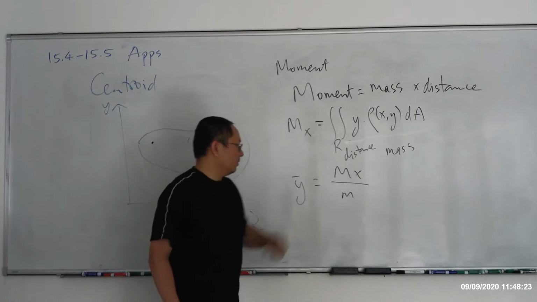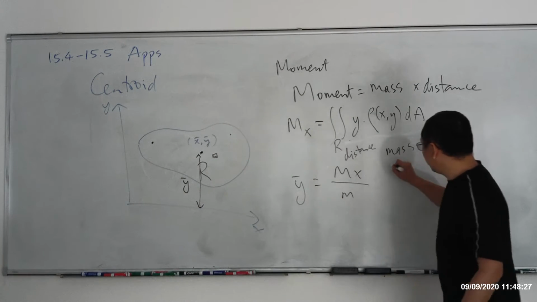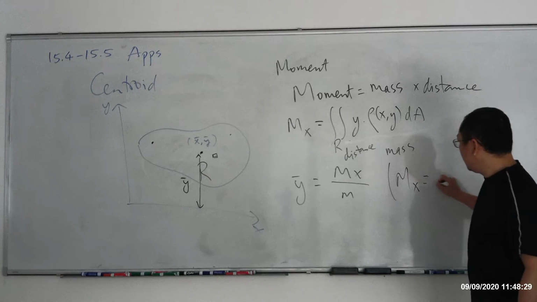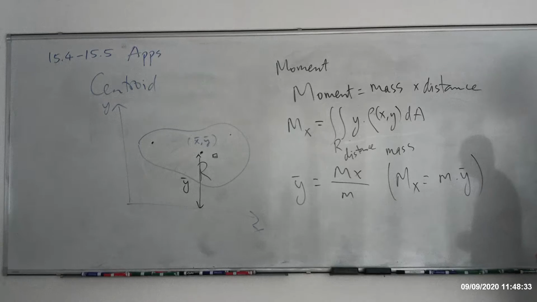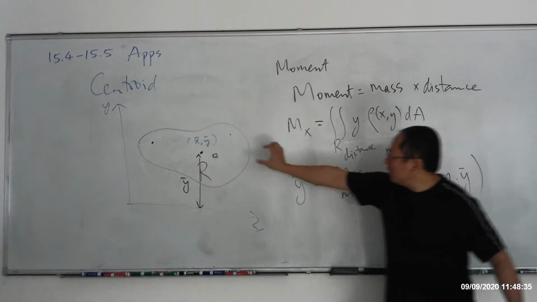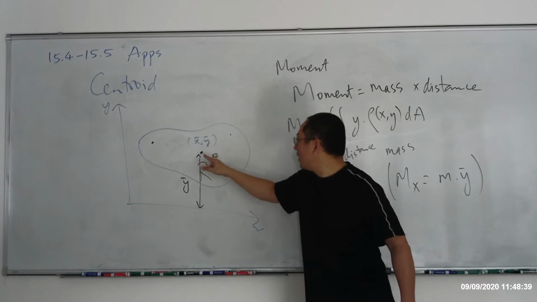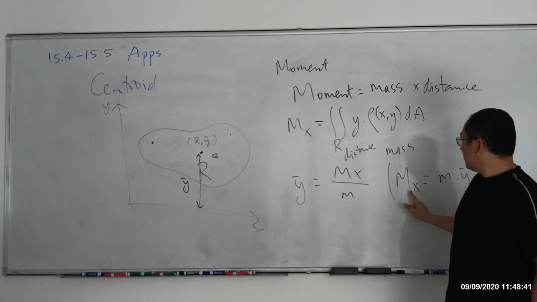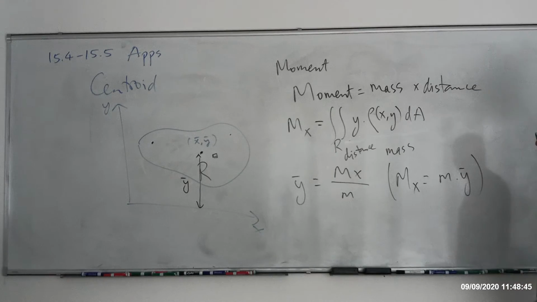Mass times distance is the moment, right? Because you have this: moment is equal to mass times the distance. And you want to calculate the distance. And the average, the whole thing right here, the center is at this point, y bar. Mass times distance is moment. So distance is moment divided by mass.